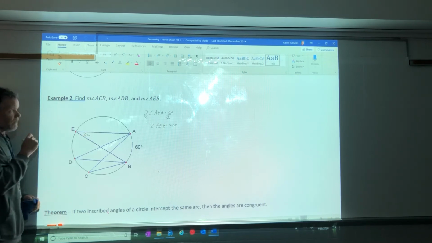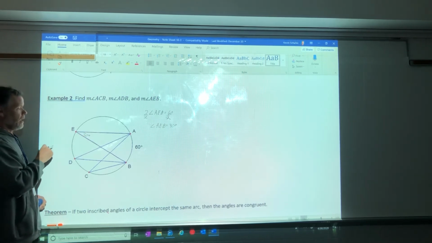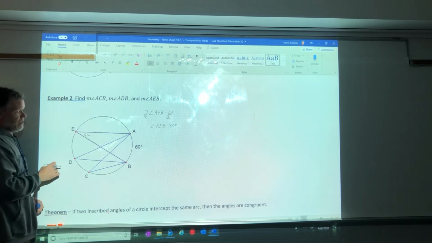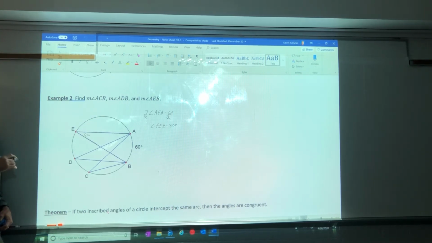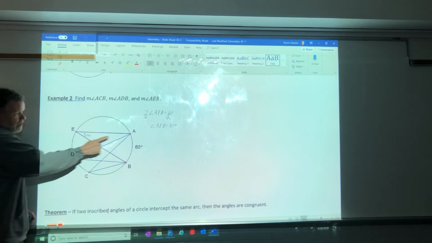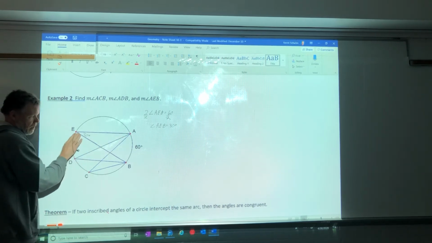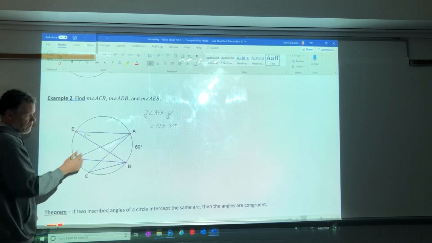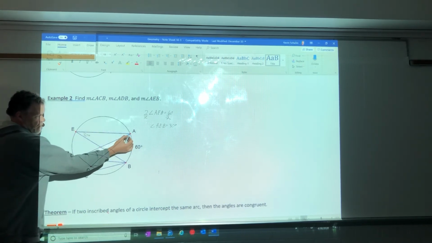Okay. Next thing they want you to look at is angle ADB, kind of work in reverse, but that's okay. Angle ADB. I'll erase this highlight here, where we know this is going to be 30 degrees.